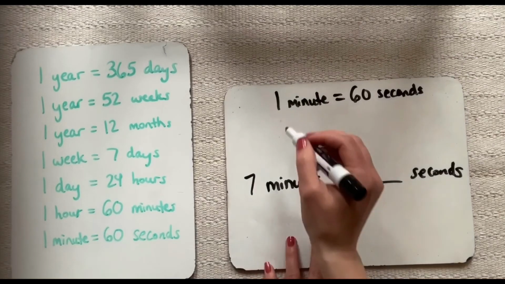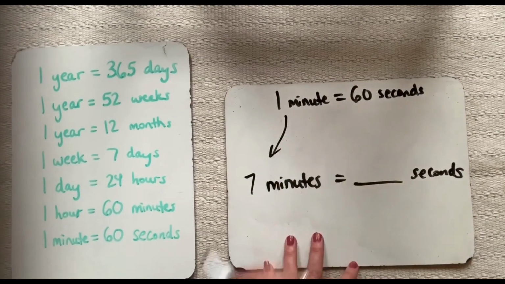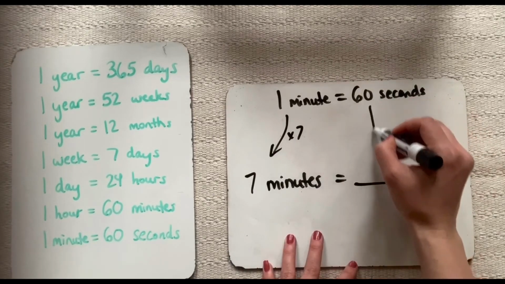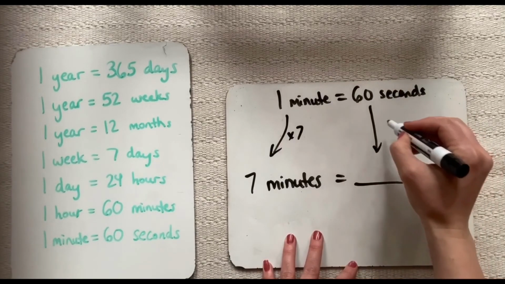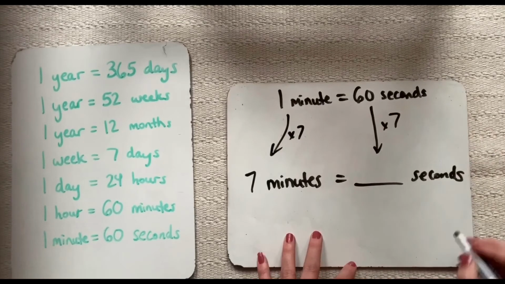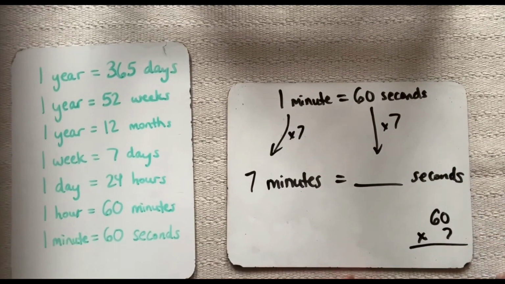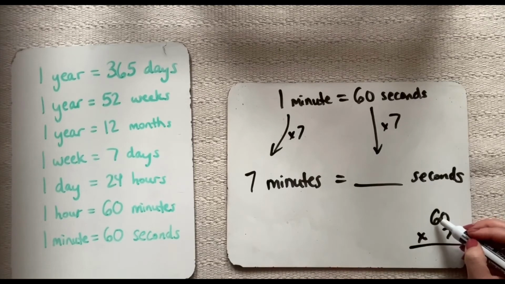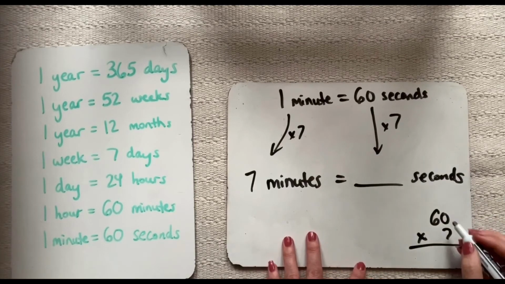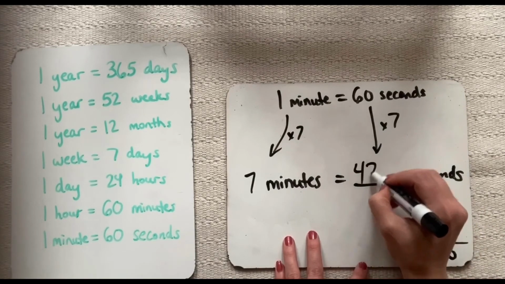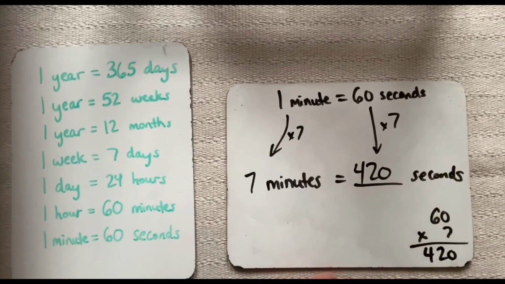Okay? And how would we get this? You times it by 7. How are we going to get this? We're going to times it by 7. 60 taken 7 times. Ooh, and we know that 7 times 6 is 42 and a 0. 420. 7 minutes is equal to 420 seconds.